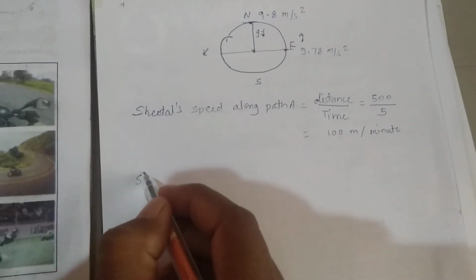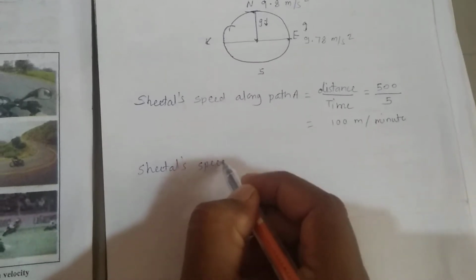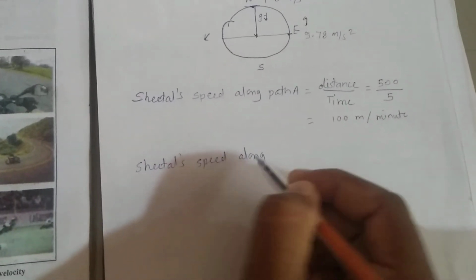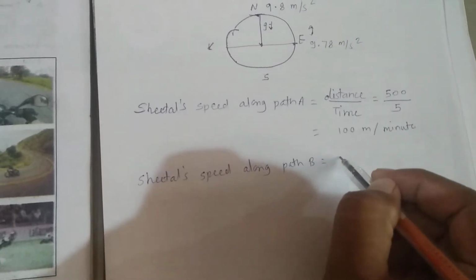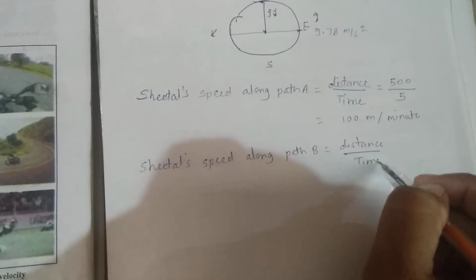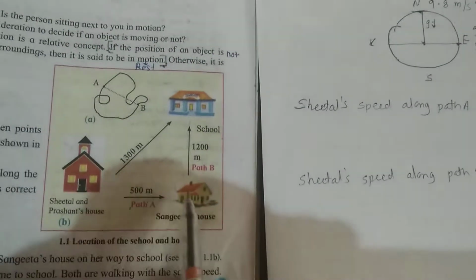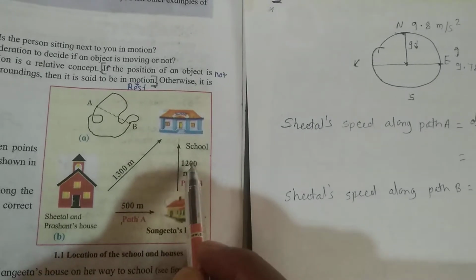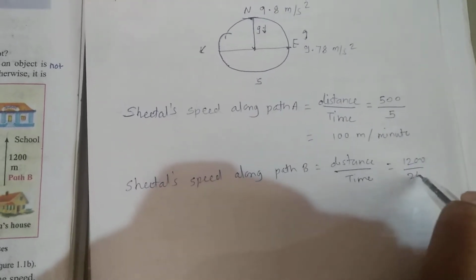Now Sheetal's speed along path B will be the same formula, distance upon time. Along path B, the total distance is 1200 meter and time required is 24 minutes. So 1200 upon 24.